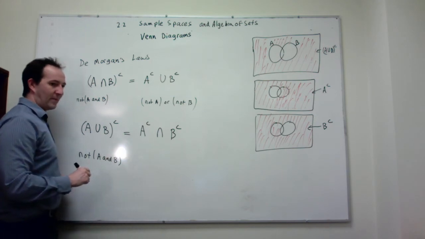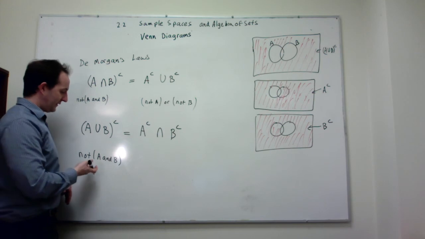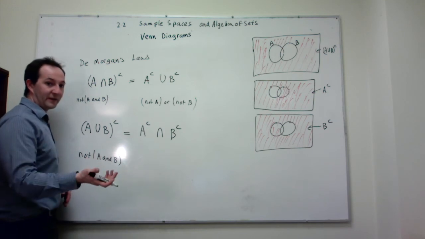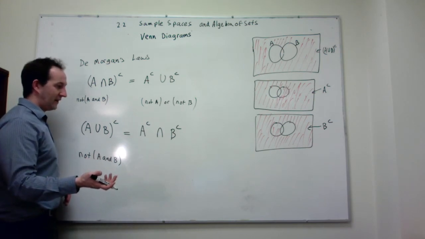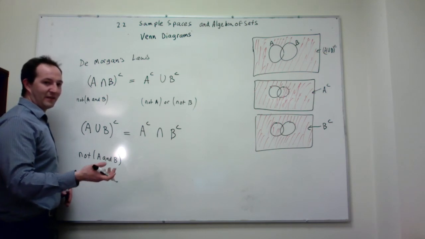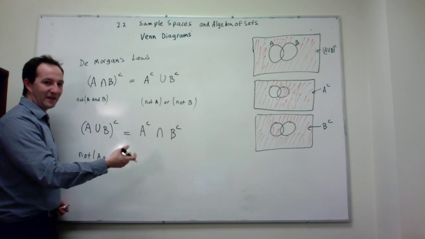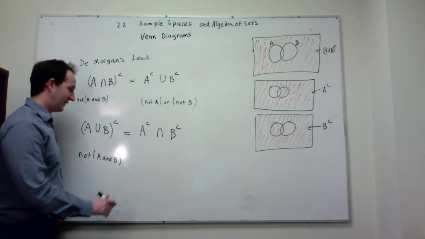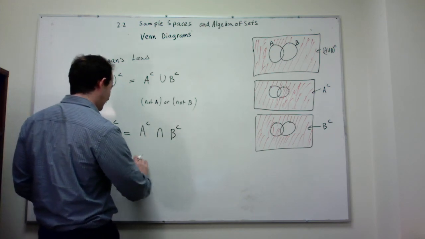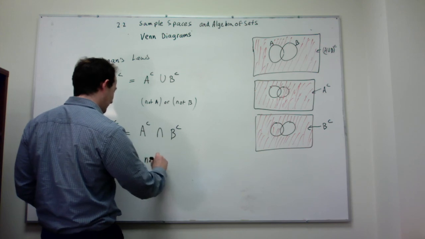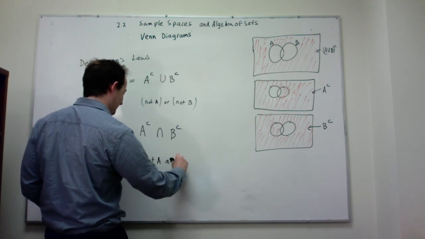So how can it be possible that it's not true that one of two events occurs? Well, that means that the first event did not occur, and also the second event did not occur. So this is the same as not A and not B.